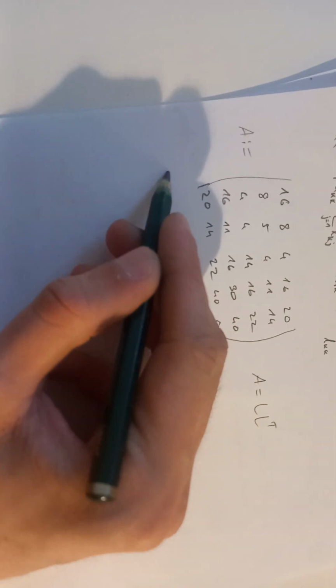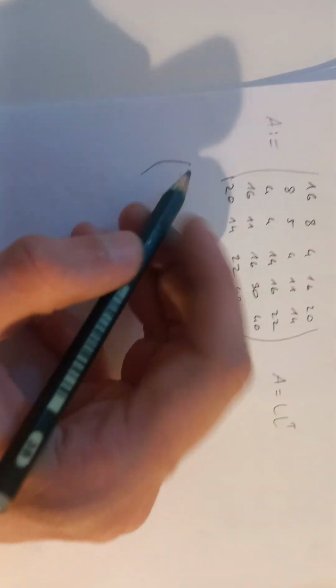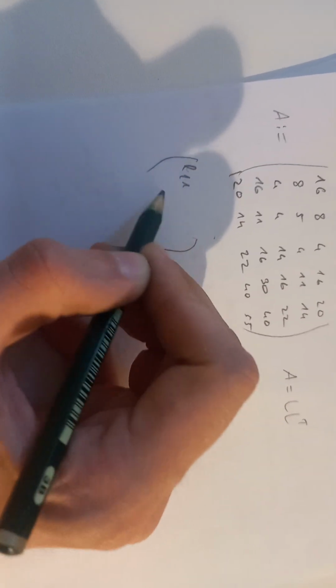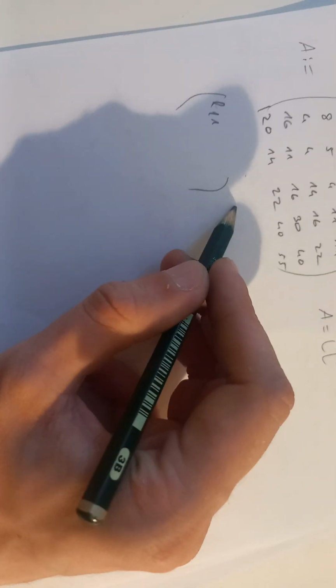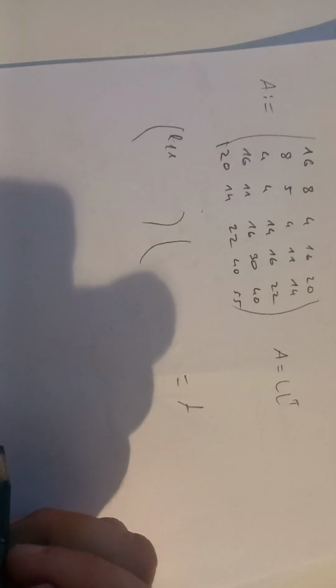You create a matrix L11, let's say, and you write this all down, and then you transpose it, write it all down, and then you set it equal to A, and you try to calculate it by basically remembering the formula by calculating this whole matrix.